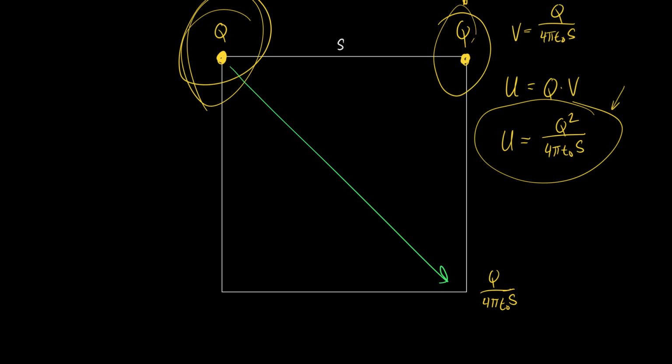So its contribution to the electric potential is going to be Q over 4 pi epsilon naught. What should I put in there? Root of 2s, yeah. I'm sorry, not root of 2s. S divided by the root of 2. There. Which one is it?